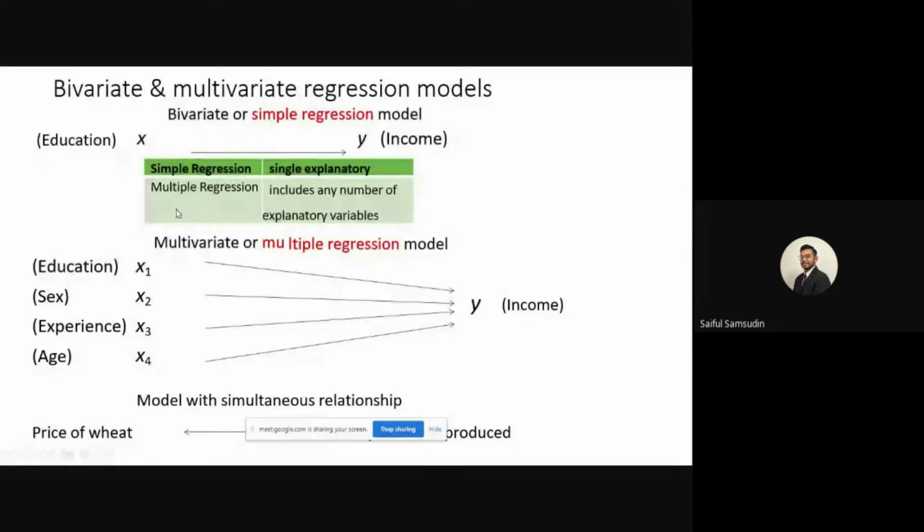So if we have a multiple regression model, we have education, experience, age. So we can know the relationship between these and the dependent variable Y, income. So this is a basic or simple example before we go to the main topic.